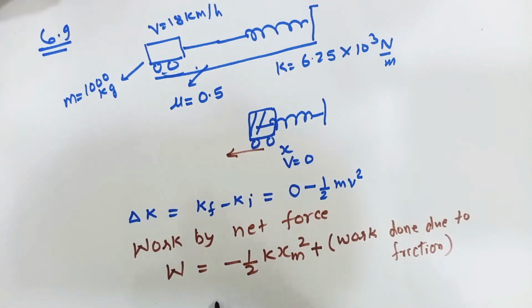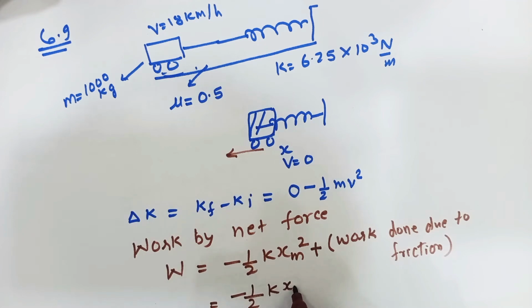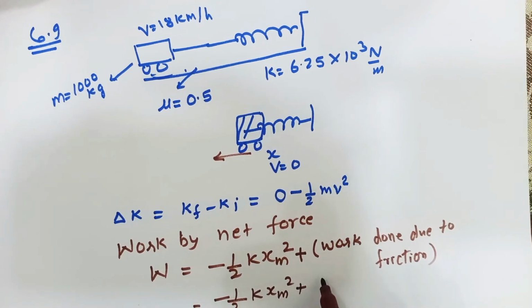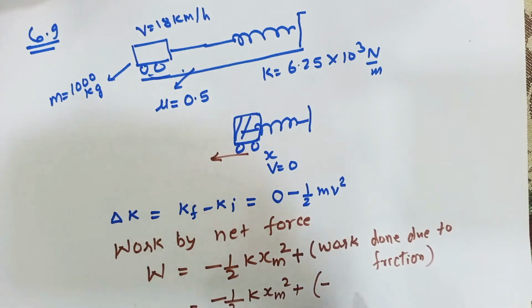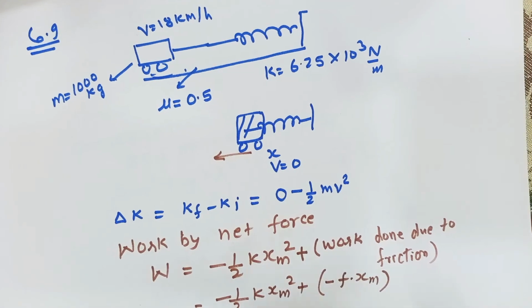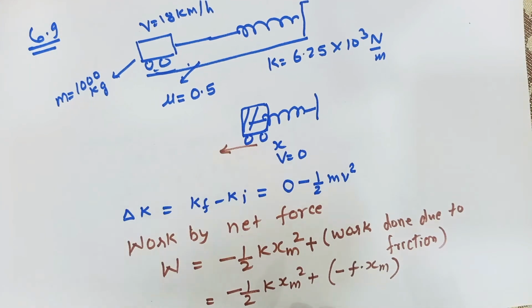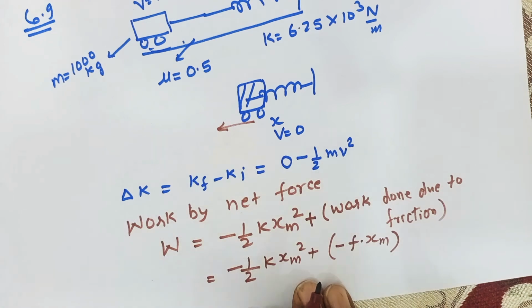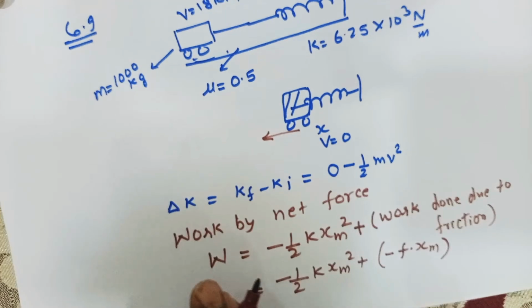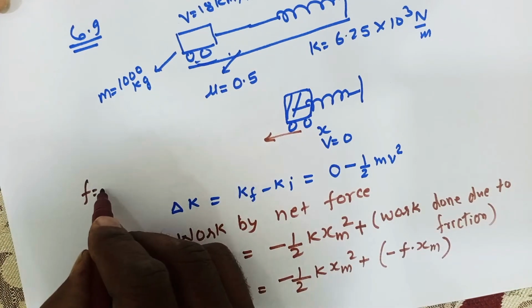So because of that friction force, the work done is 1 by 2 k x m square minus friction force into x m. Why minus? Because it is in the opposite direction. But what will be the friction force? We know that the friction force is F equal to mu N.